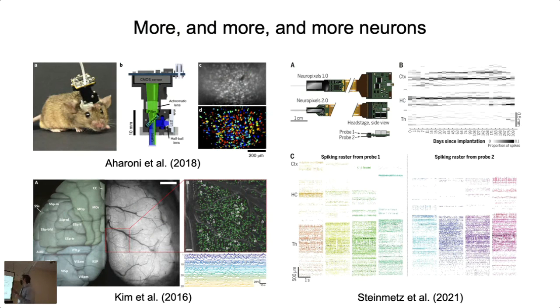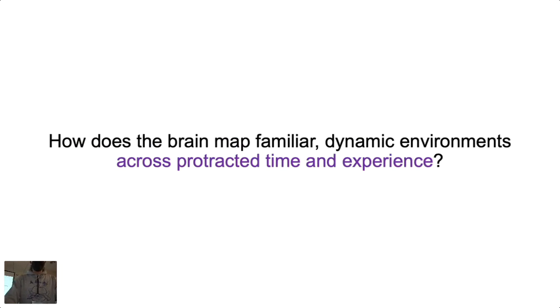In parallel, there are other techniques emerging in electrophysiological recordings that allow us to hold on to neurons for maybe a little bit longer. But they also have different limitations, some of which Giuseppe talked about earlier. So we can start to get at this part of the question: how does the brain map this changing environment across a protracted amount of time?